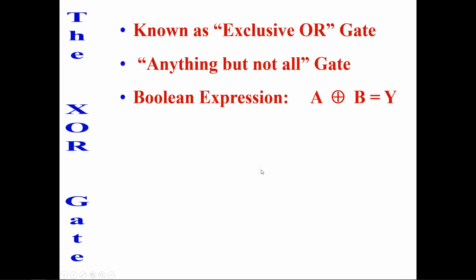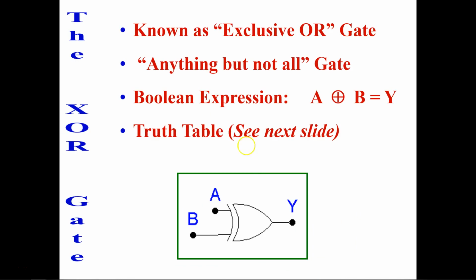Now the next gate is the XOR gate, and this gate is also known as the exclusive OR gate. We can also say anything but not all gate.